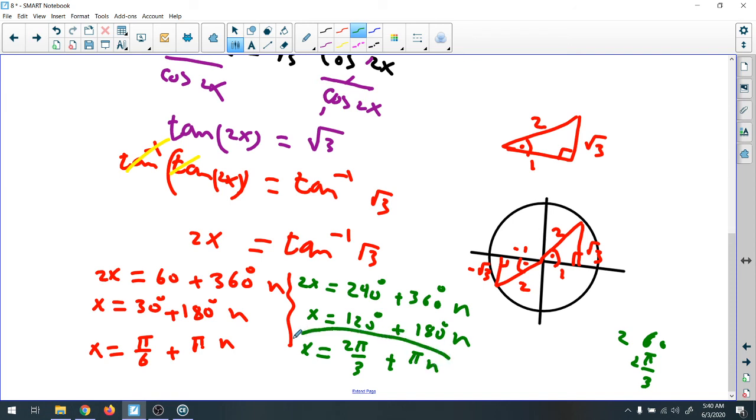So this is one of the two solutions, and this is one of the two solutions from 0 to 2 pi.